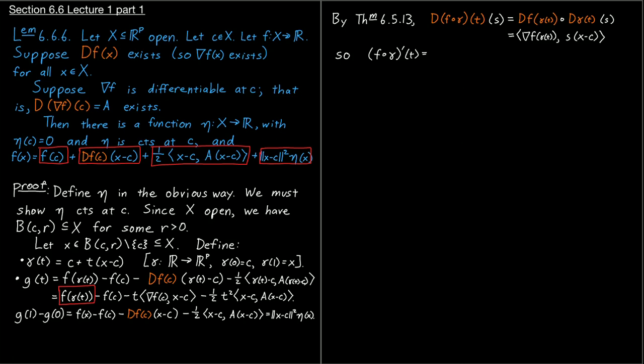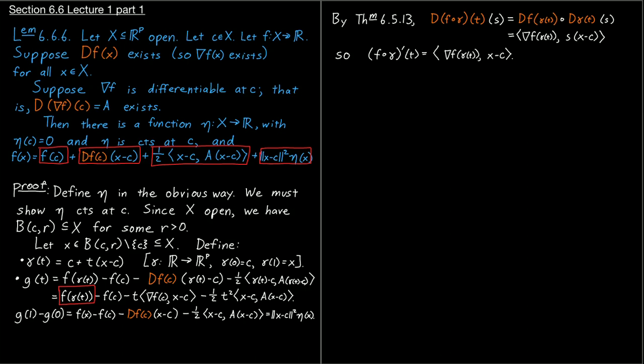That's how we relate these strange new linear operator derivatives to the number derivatives we know and love. That is going to be the inner product of gradient of f at gamma of t with x minus c.